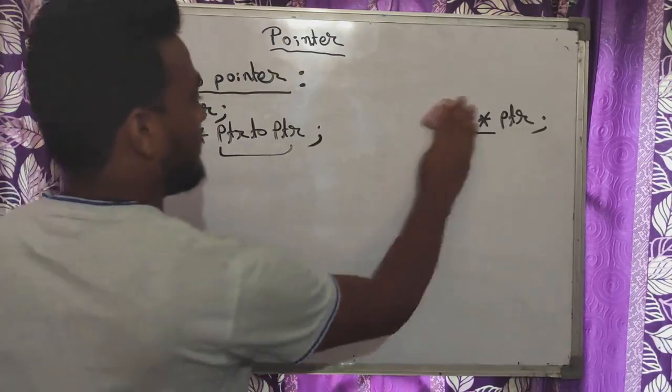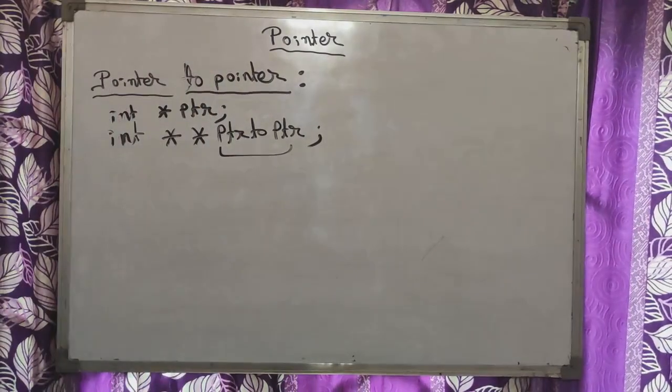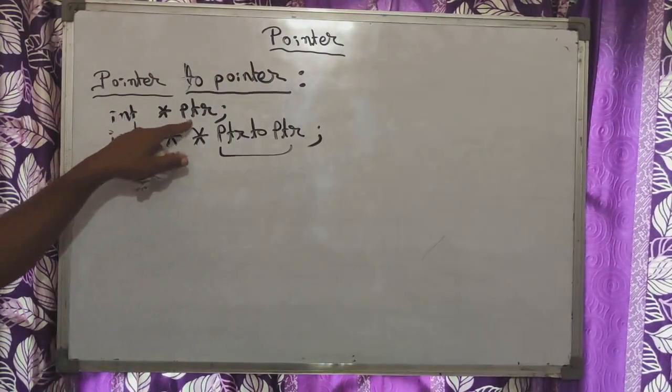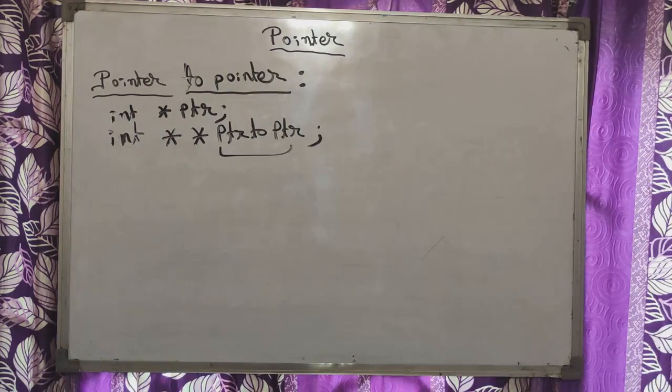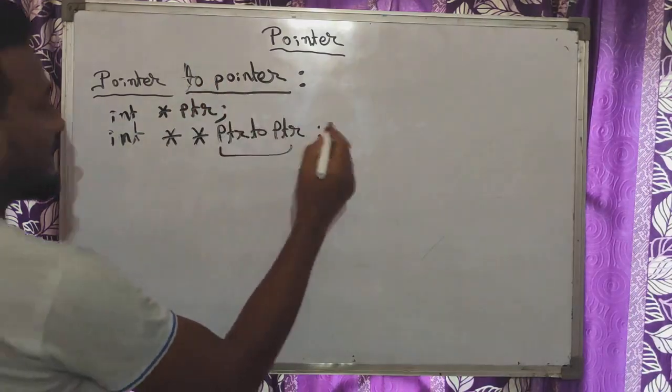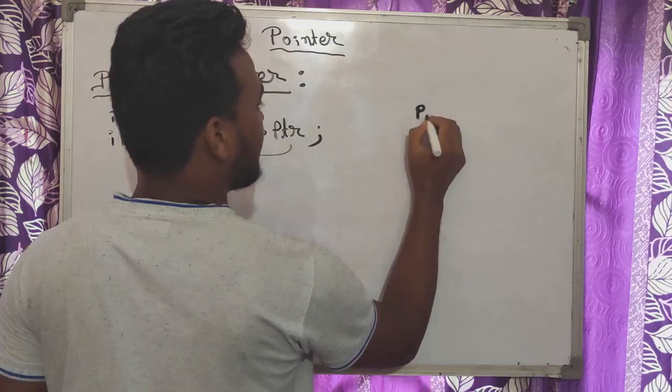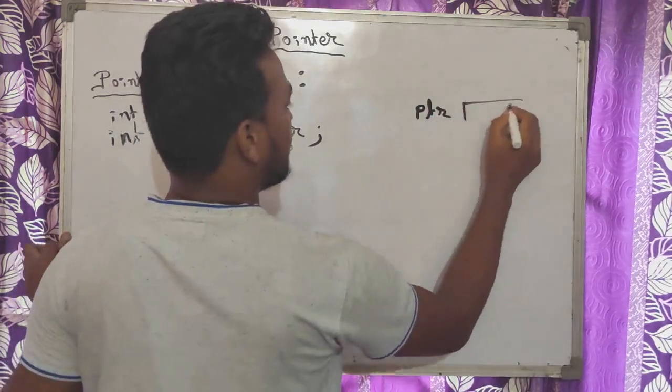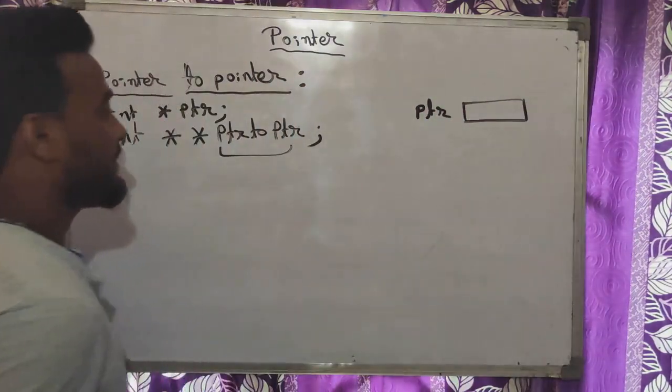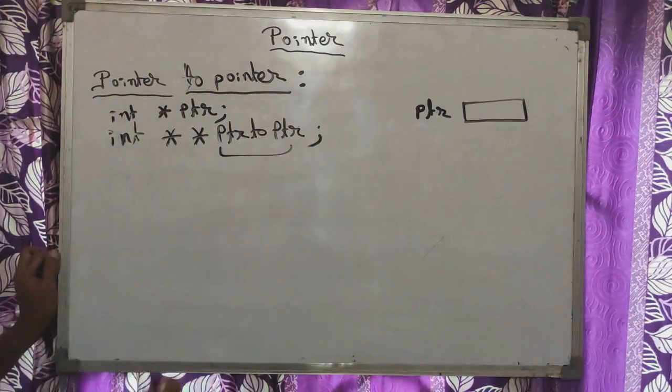Now suppose, when we declare this pointer, in memory you can see here ptr, it will be something like that.